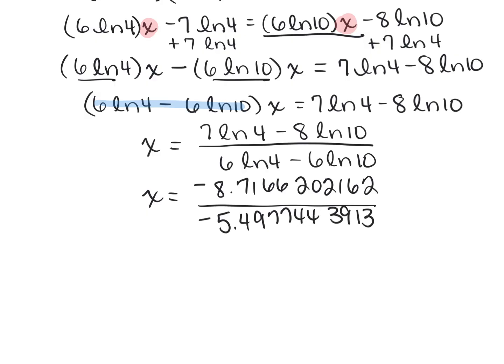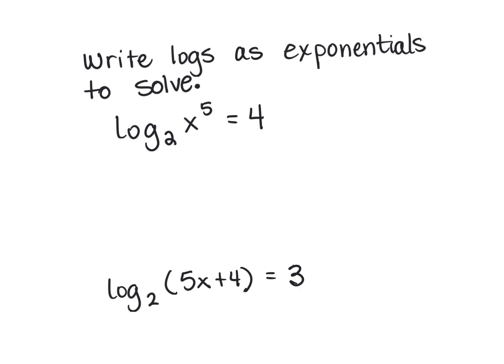So when we divide those, we're going to have an x value that's equal to 1.5854902658. You need to make sure that you are careful on your calculator that you've gotten the appropriate decimal. So now we're going to start with your logs.